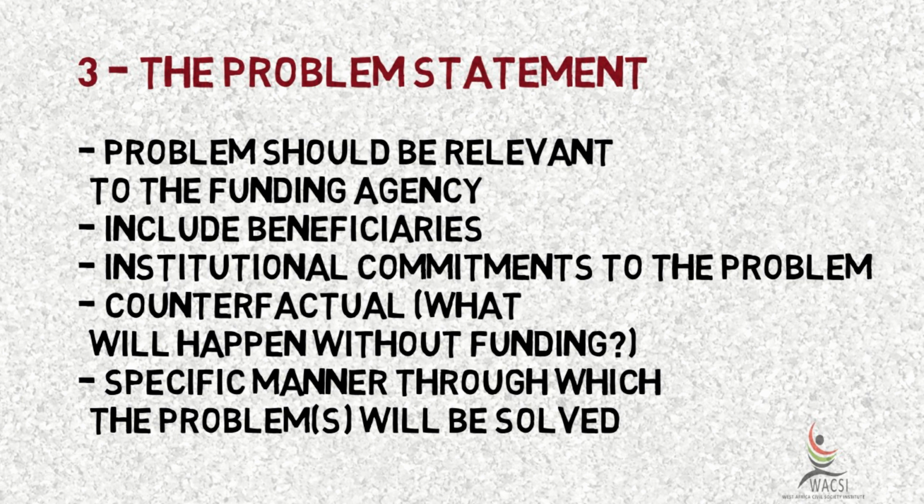And of course, it should detail the specific manner through which the problems will be solved. So this is a very important aspect of a grant proposal, the problem statement, or the identification of a specific need.